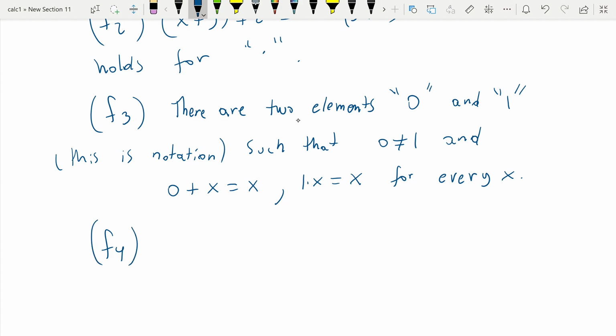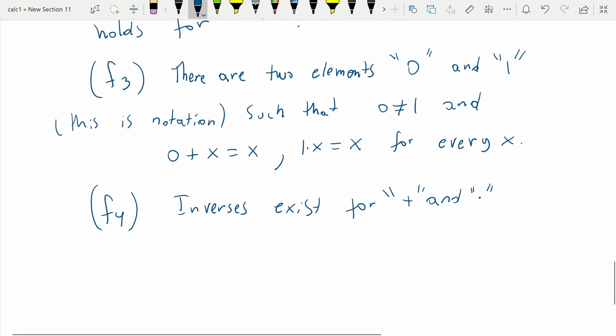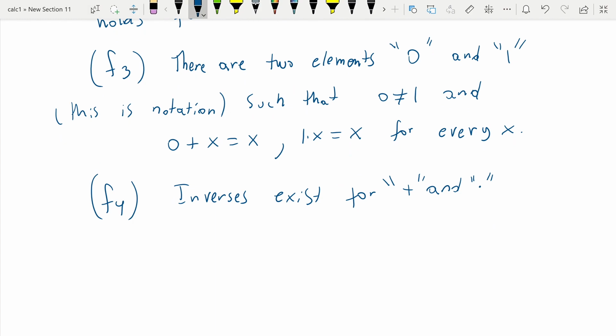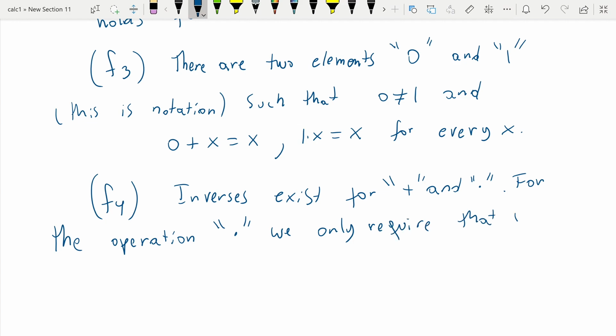Four is a property that inverses exist for plus and times, but for the product operation we only require that all non-zero elements are invertible.